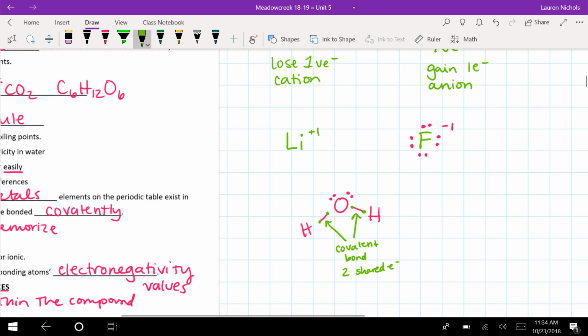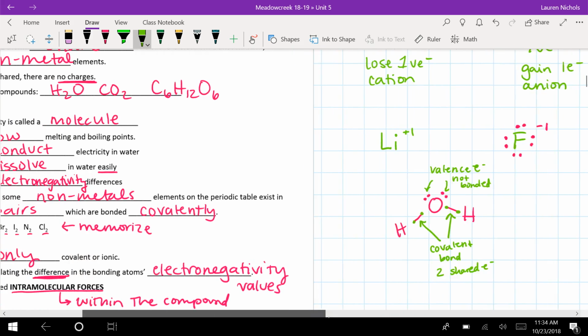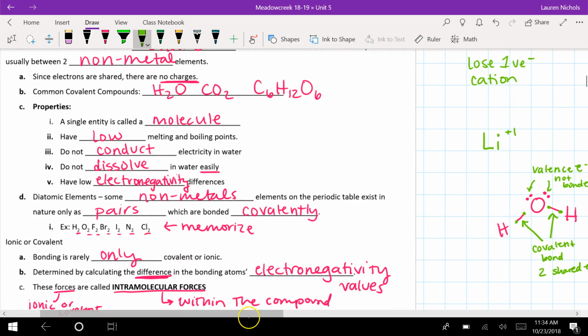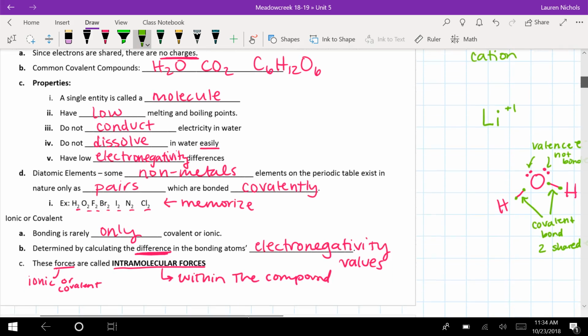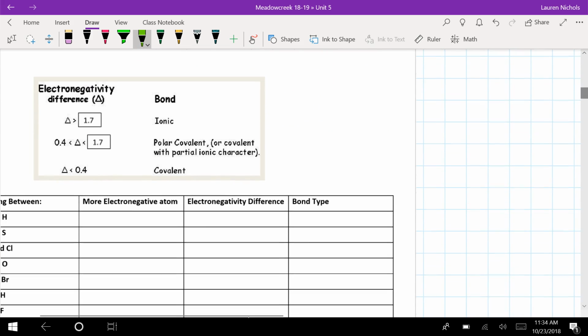Those 2 electrons are shared between the oxygen and the hydrogen. And then these other electrons are still valence electrons, but they're not bonded, so they're just still out there. They're not participating in bonding at all. That's kind of the basics between ionic and covalent compounds, and in the next video, we'll talk about electronegativity differences.